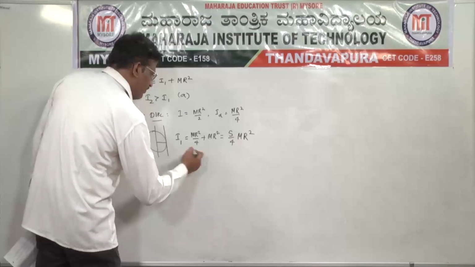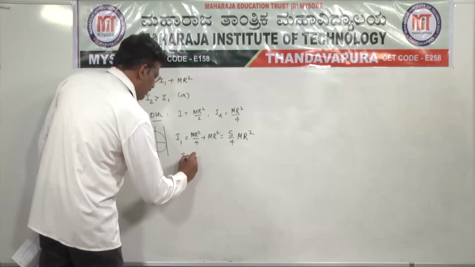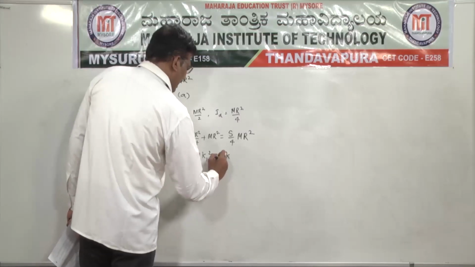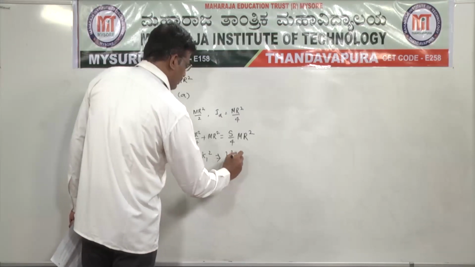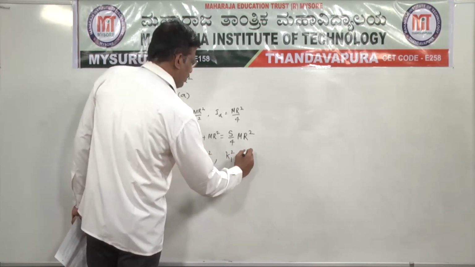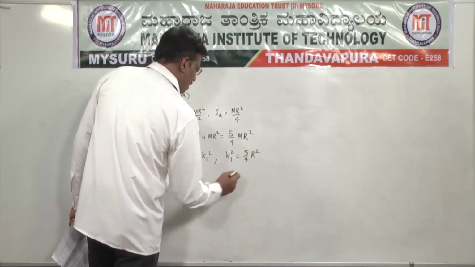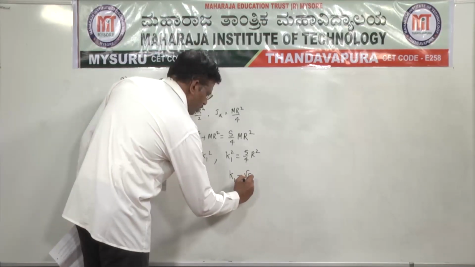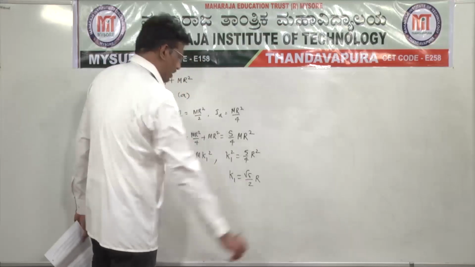In this case, if it is compared with I1 equal to m k1 square, then k1 square is equal to 5 by 4 r square, or k1 is equal to root 5 by 2 into r.